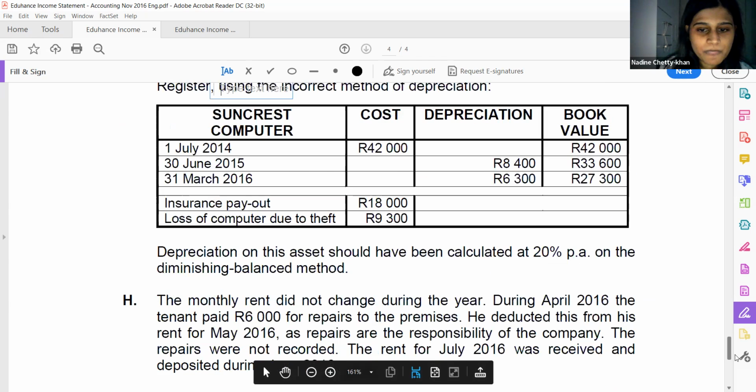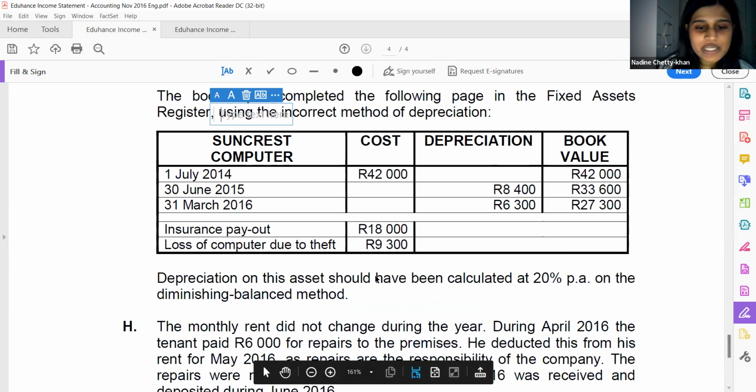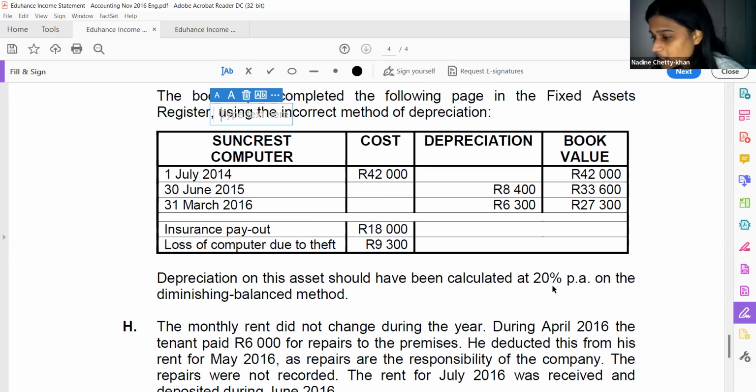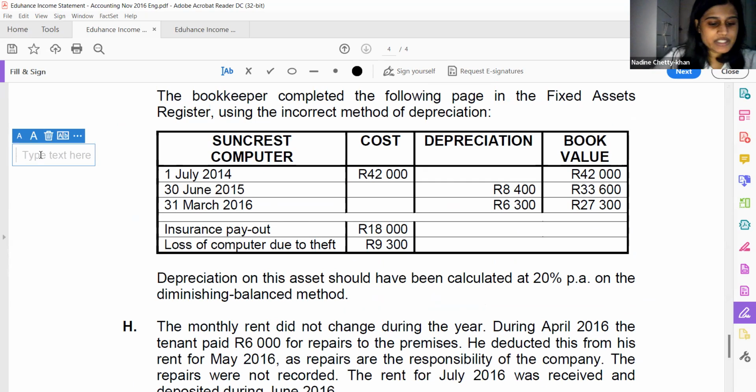Okay. So depreciation on this asset should have been calculated at 20% per annum on the diminishing balance method. So what is the diminishing balance method? You apply the depreciation rate to the carrying amount.